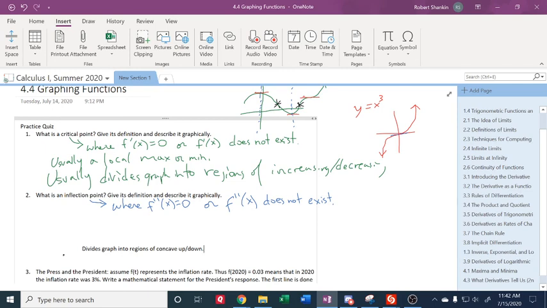Okay, so it's where the concavity changes. And then if we went to something similar to this one, where it's usually a local max or min, this one is more subtle, and we haven't gone over this yet, so this will be kind of new information for you. It's where the slope is steepest.